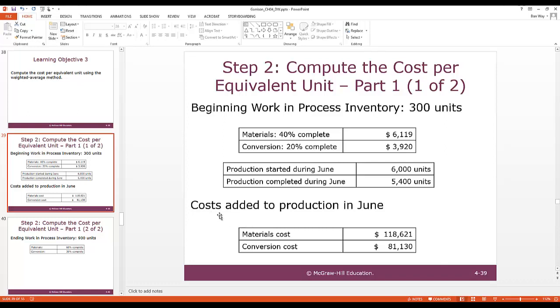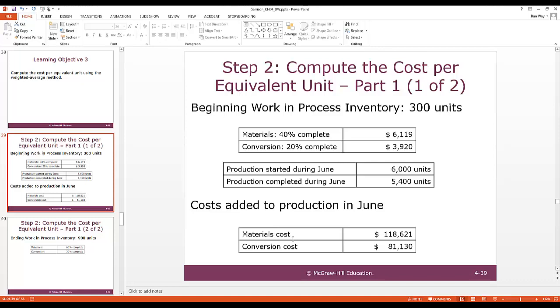We also know, or want to assume in this case, that costs added to production in June for materials were a little over $118,000, and for conversion costs, $81,130. Again, we need to be given some more information about that, even if it's the separate conversion cost components and something to do with materials cost in terms of materials used.